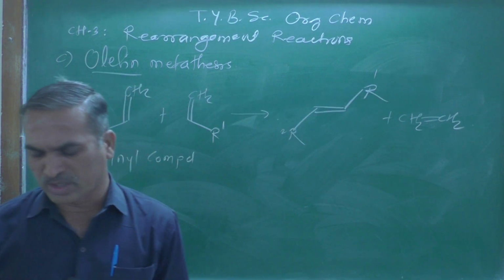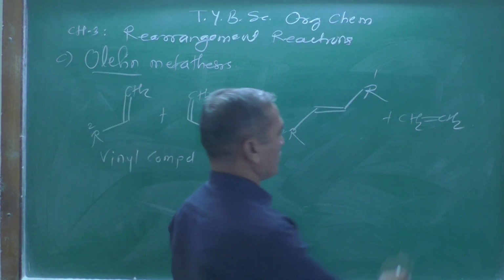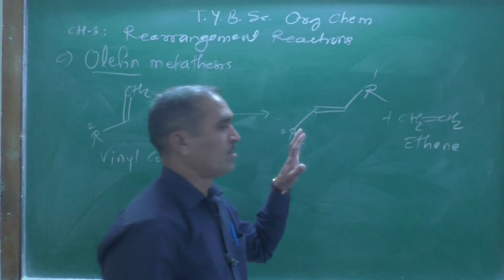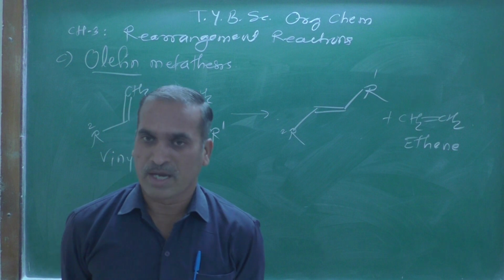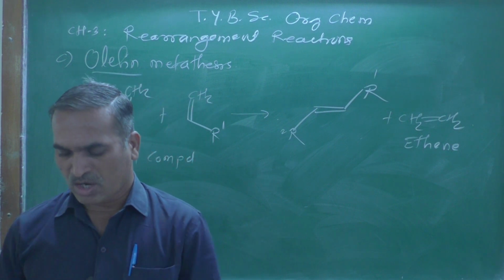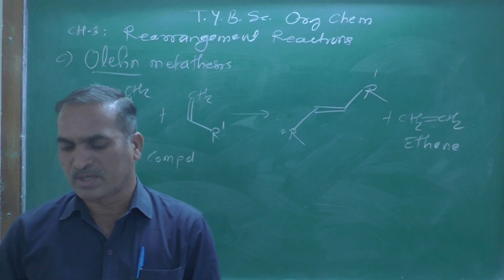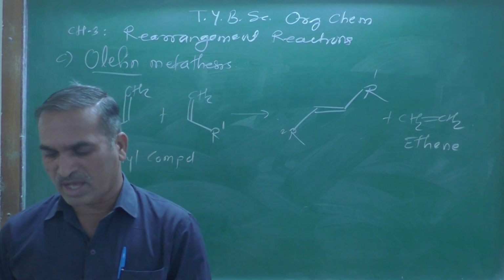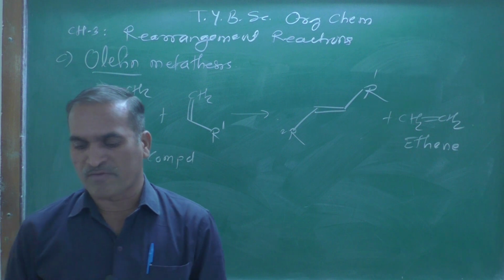Ethylene is evolved during this process. This is ethene, right? That is a side product. The side product is removed over here. Or in the above example, the vinyl compound is dimerized with an expulsion of ethene.